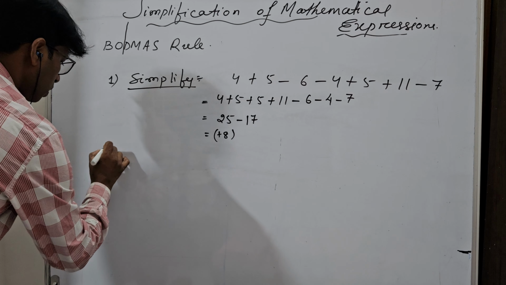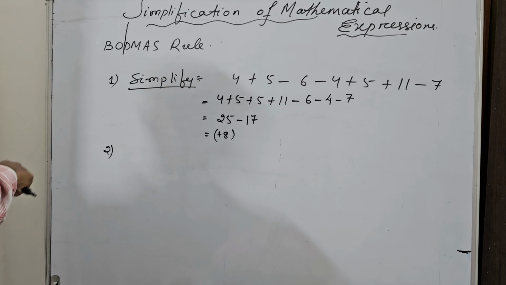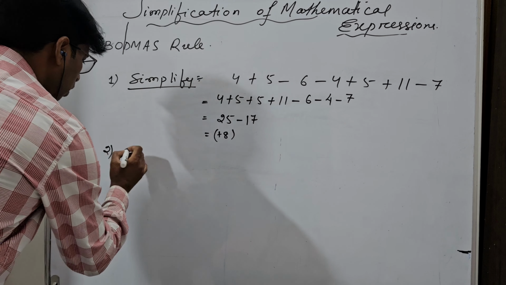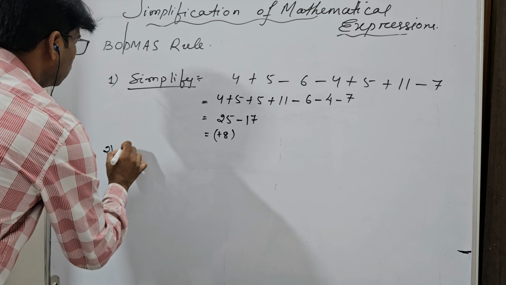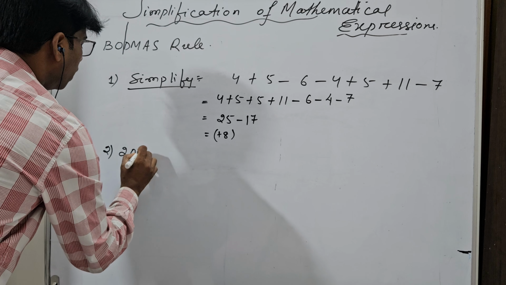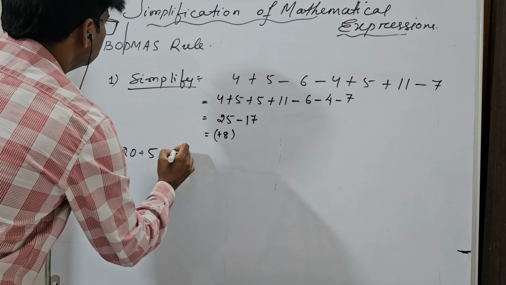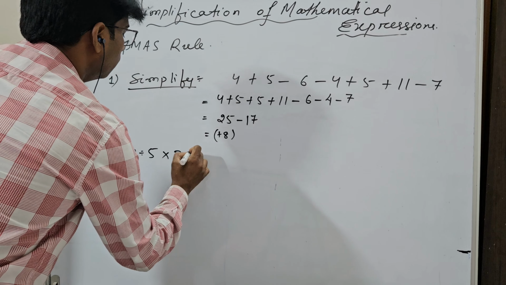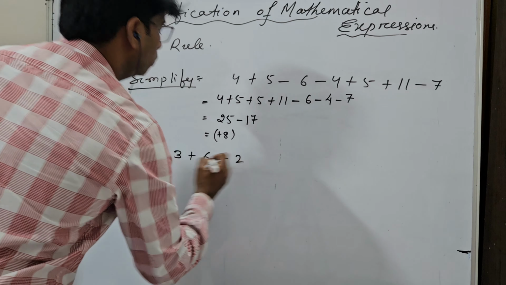So let us take another example which will be involving these 4 operations: division, multiplication, addition and subtraction. So the mathematical expression, let us take like 20 divided by 5 into 3 plus 6 minus 2.